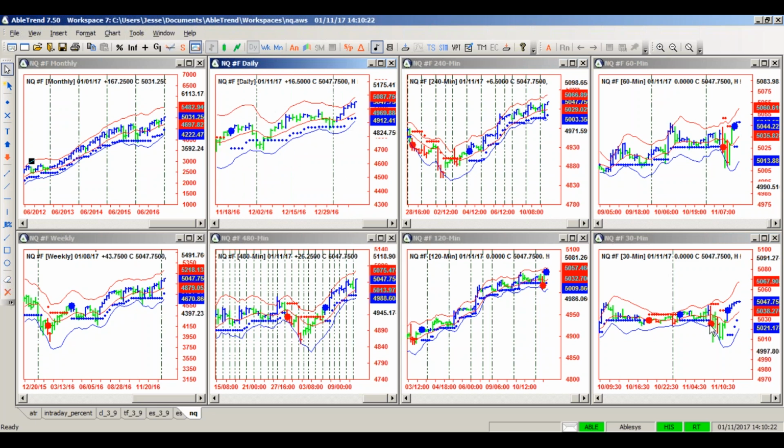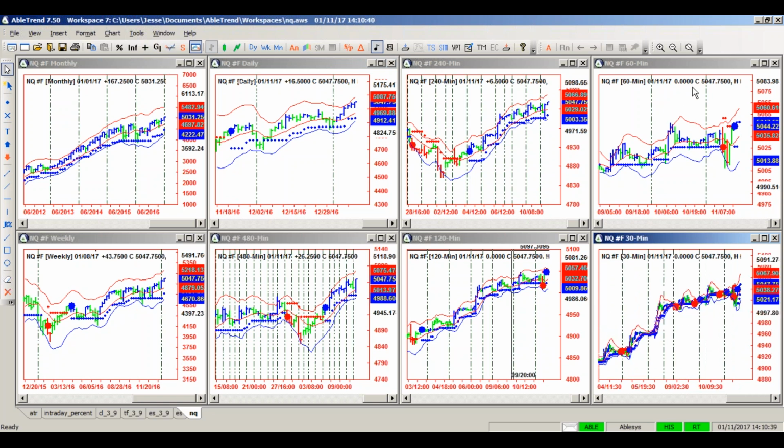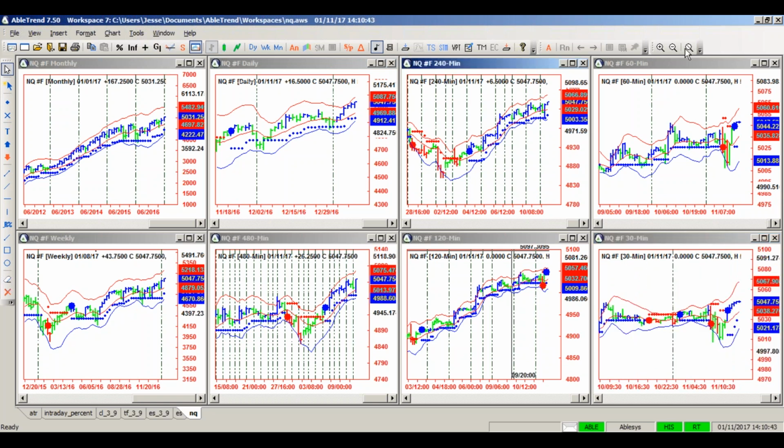So if initially the risk was, let's say, 10, 15 points here in NQ, well, since then prices had gone up from down here about 150 points, right? So that certainly makes that initial risk scheme really inconsequential.